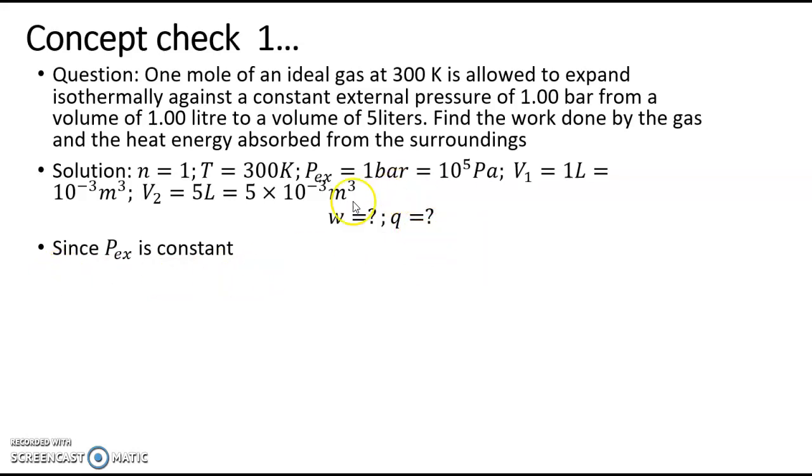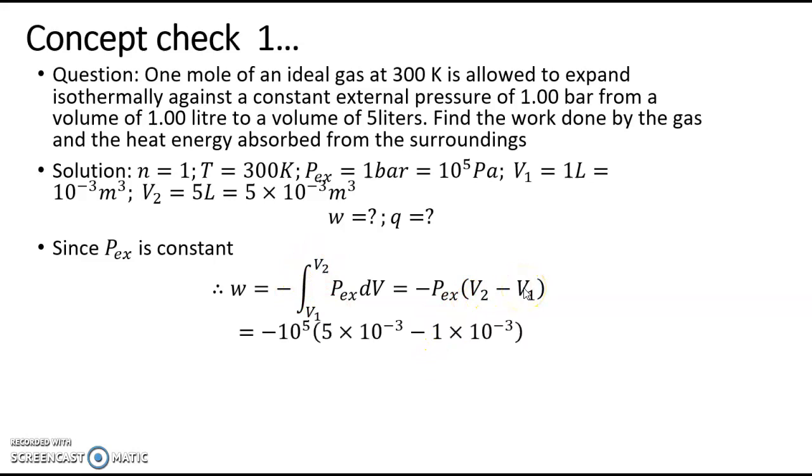Okay, so the first thing to do: work is minus P external. Work done is minus the integral from V1 to V2 of P external dV. And since P is constant, it can come out of the integral, and the integral simply becomes V2 minus V1.